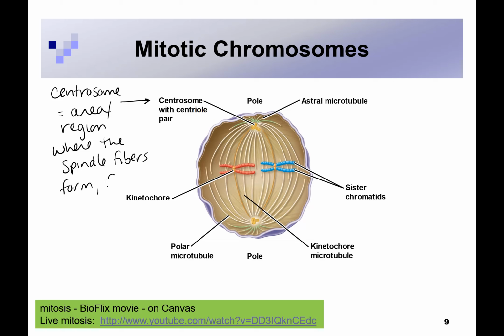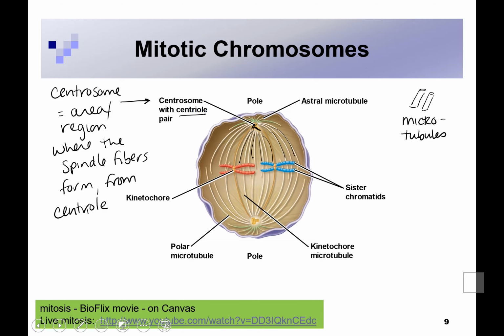And they form from the organelle called the centriole. So when we drew it, we drew it like a pair of tubes. So these were microtubules, part of the cytoskeleton. Okay, you can kind of see they're in pairs here, and they generate these long microtubule fibers called spindle fibers.